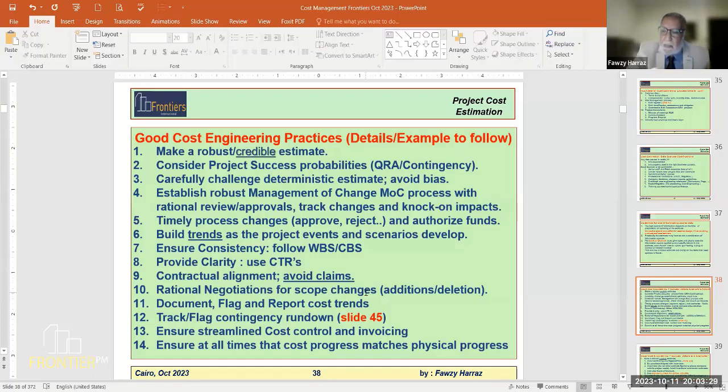The estimate that you made is 1 billion. They actually want you to say, no, 800 million is enough. Don't do that. Make your estimate credible and realistic. Don't mislead others in their decision. They should use their information and make their own decisions.